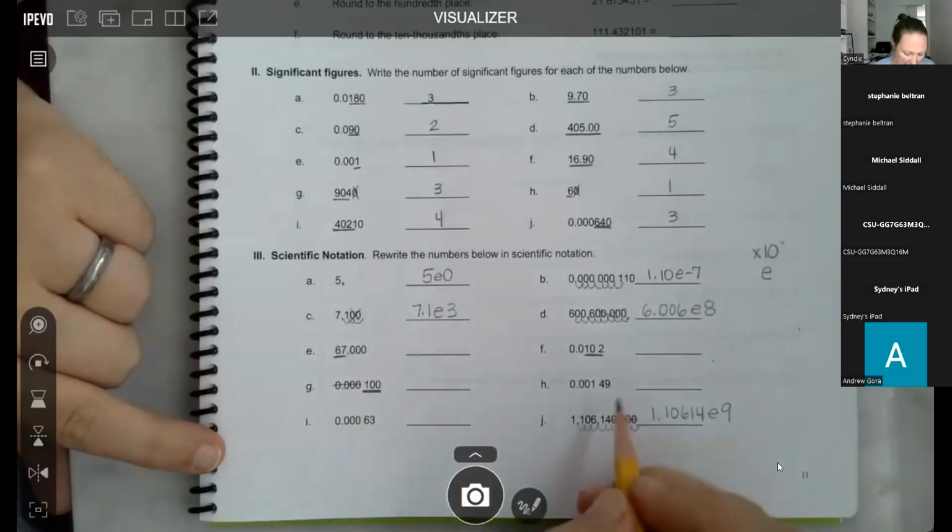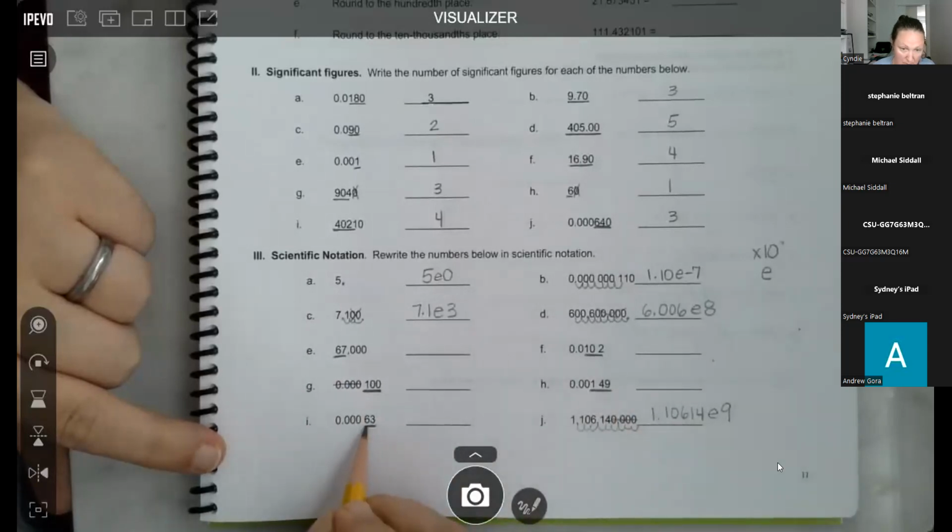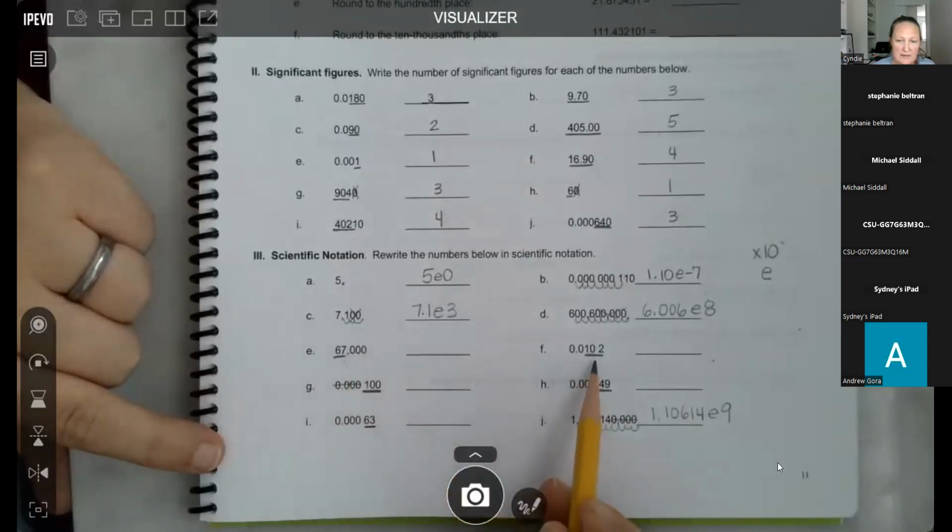And then here we would have 3 significant figures, and here only 2. So when you convert it to scientific notation, you're going to end up with 6.7, 1.02, 1.00, 1.49, and 6.3.